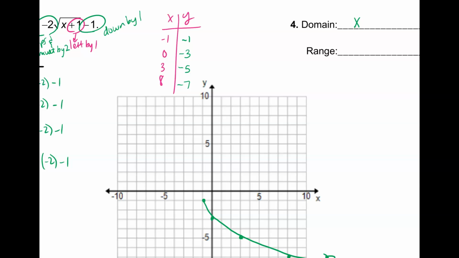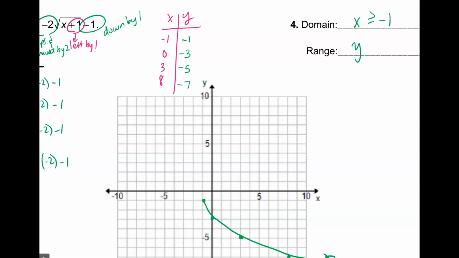So on the x-axis, we're looking left and right. What's the furthest left I can go? -1. Look at your graph. We went to -1. I don't have any x values left of -1. All my x values are to the right of -1. Because I have no x values left of -1, what is my y?